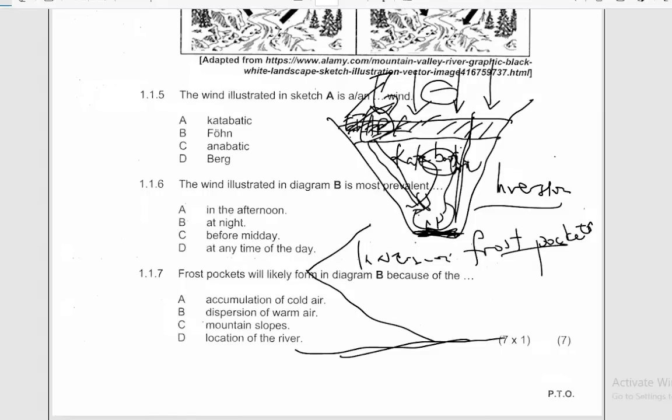So that is an inversion situation. So basically with an inversion, we are looking at a situation whereby we have warmer air existing above a body of colder air, which is not normal according to our troposphere situation. So whenever we have that reversal, we call it an inversion.